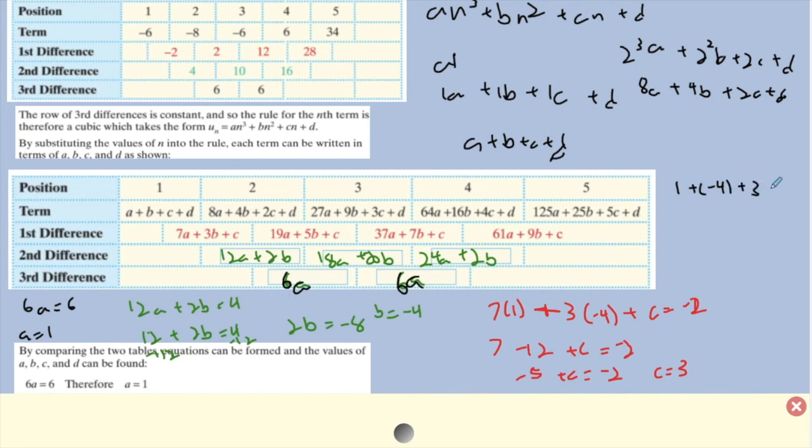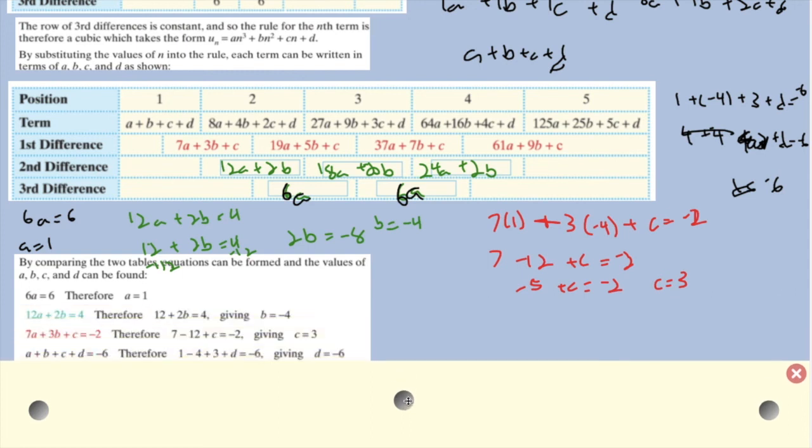Okay, 1 plus negative 4 plus 3, these cancel out, plus d equals negative 6. Well, 1 minus 4 plus 3 is 0, so d equals negative 6. Okay.